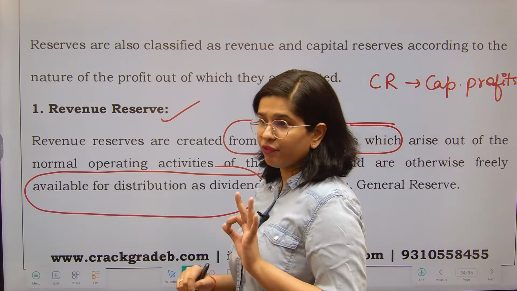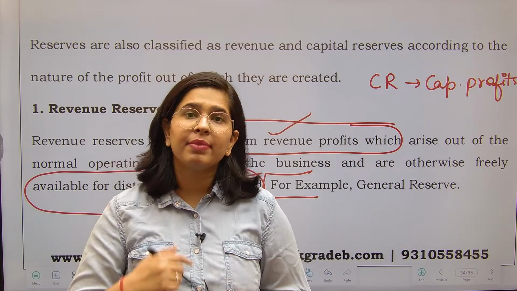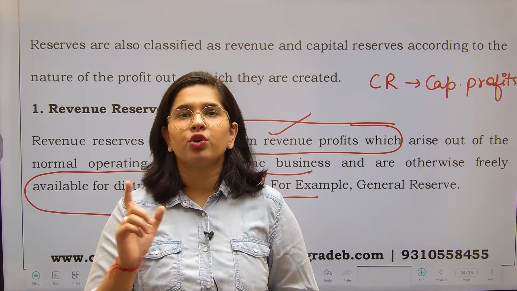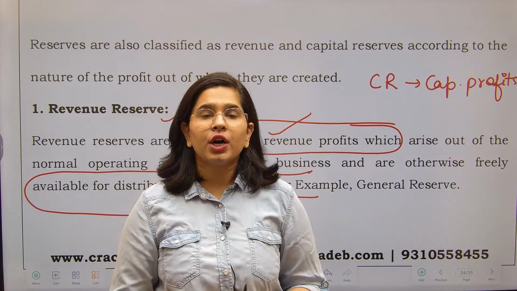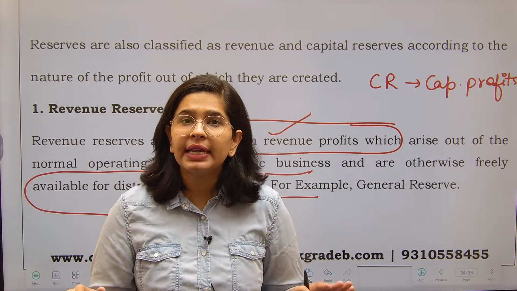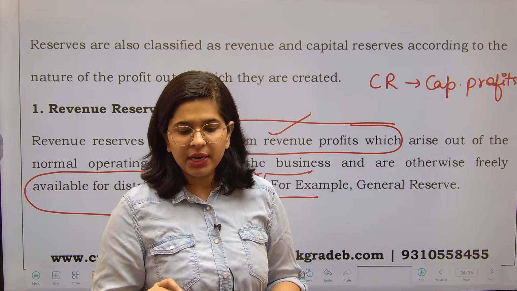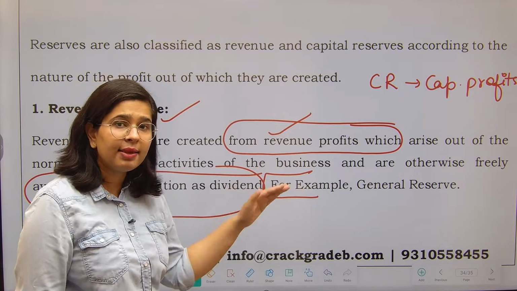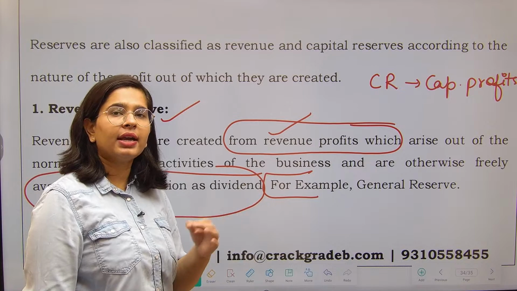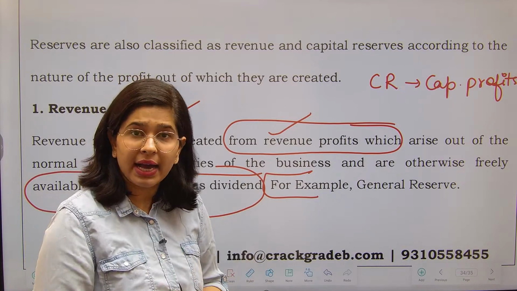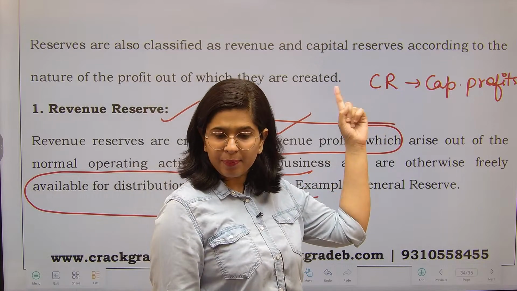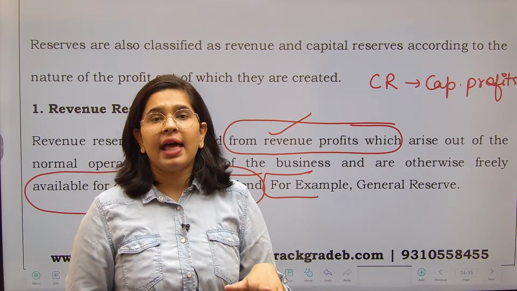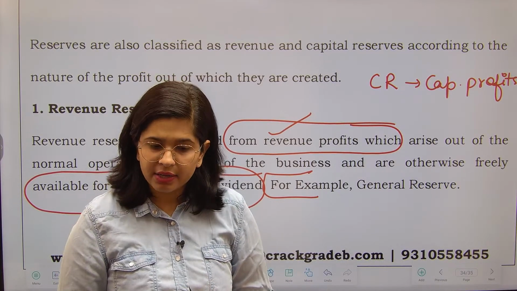But suppose, for example, I have sold my machinery. मैंने अपनी मशीनरी बेची and I got profit on that. That is capital profit, because selling of machinery is not my routine business. Please remember this, मशीनरीज बेचना खरीदना ये मेरा रूटीन बिजनेस नहीं है, इसलिए मैं इसको रेवेन्यू प्रॉफिट नहीं बोल सकती. If ever I have encountered a profit on the sale of my assets, that will be called capital profits. Capital profits are not available for distribution of dividend, right? And that is why they are kept as capital reserves.